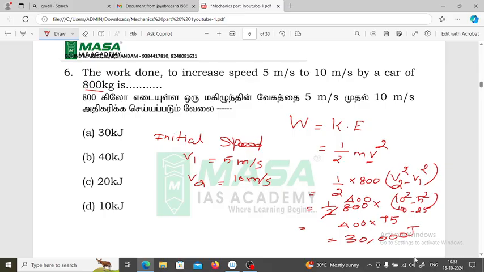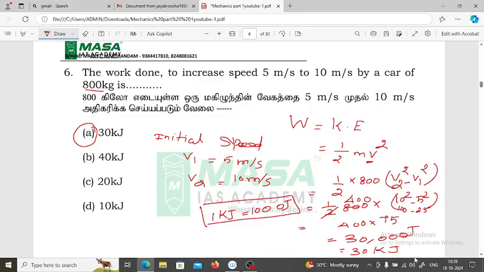But you check here, the option is not having this 30,000. But 1 kilojoule is equal to 1000 joule. So that 30,000 joule is considered as 30 kilojoule. Our answer is option A, 30 kilojoule.